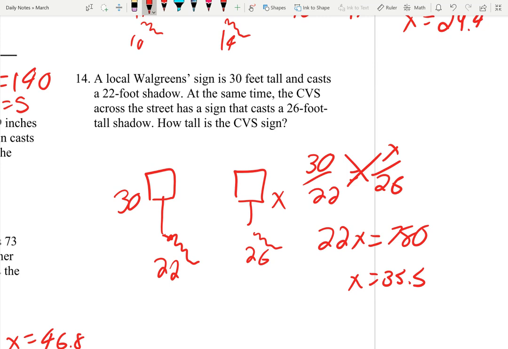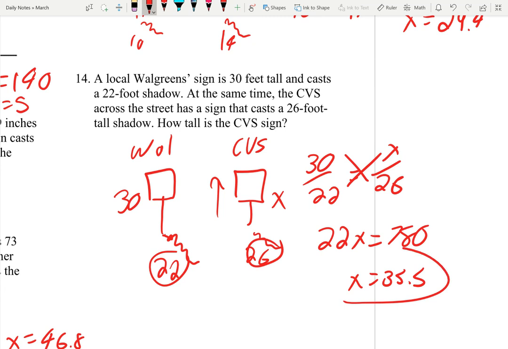So that makes sense. And the one other thing you can do just to make sure your answer makes sense is notice, look, the Walgreens sign has a shorter shadow than CVS. CVS shadow is longer, which must mean the CVS sign is taller. So our answer being bigger than 30 is good news.